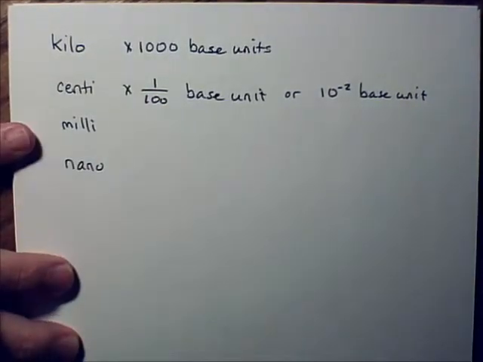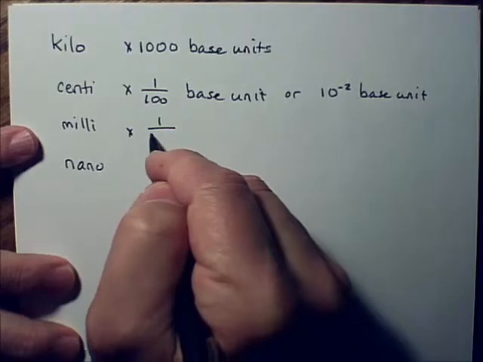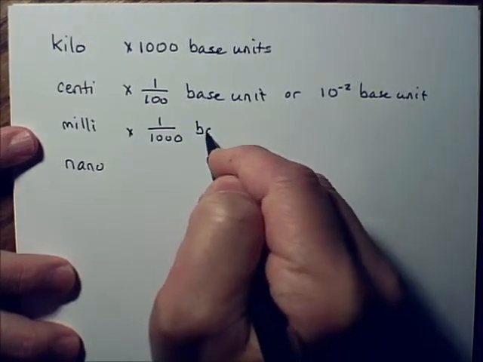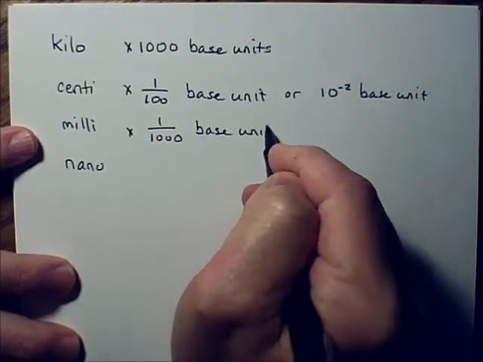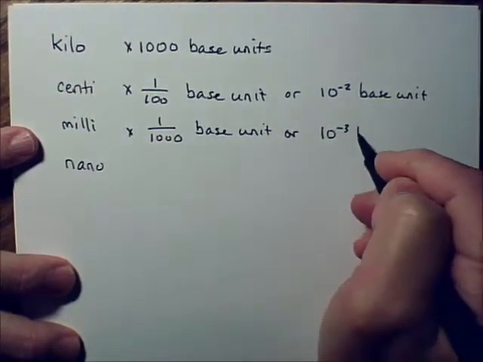Alright? Milli is 1,000th times the base unit, or 10 to the negative 3 of the base unit.